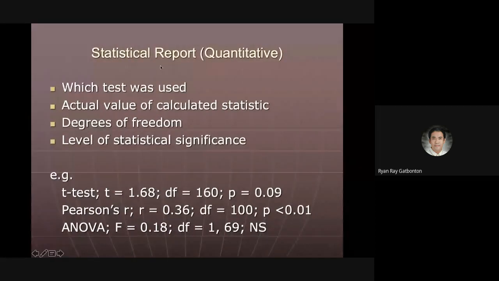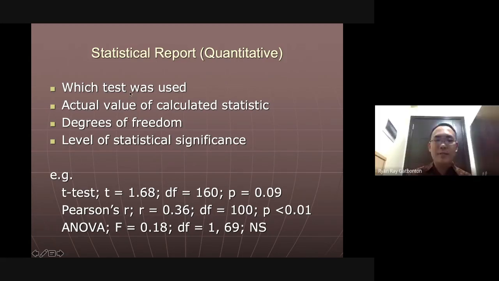Now, in statistical reporting, we have to recognize which test was used, the actual value of the calculated statistic, the degrees of freedom, and the level of statistical significance. For example, this one identifies the test, the t-test. In t-test, ang kinocompute is yung t value.